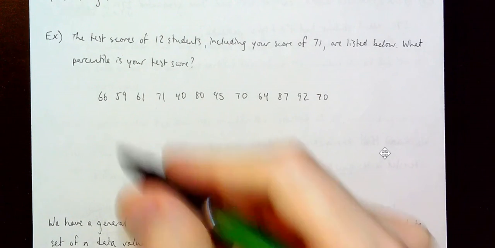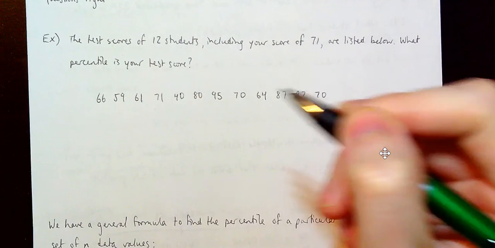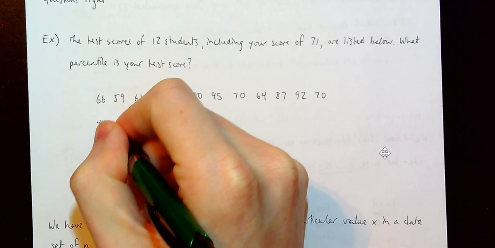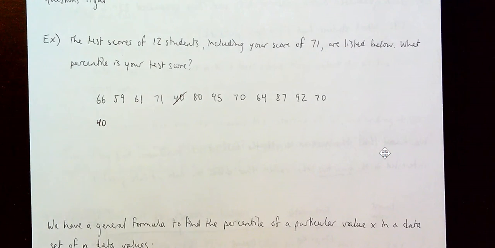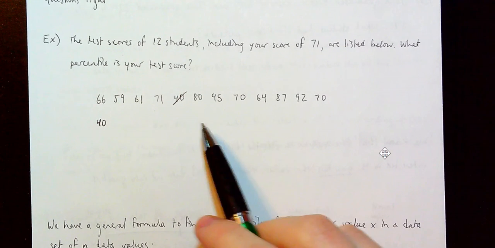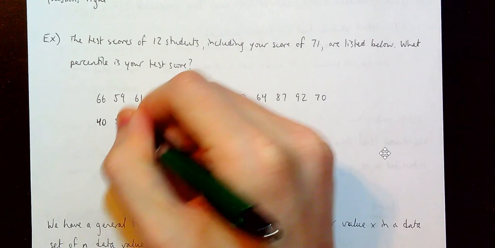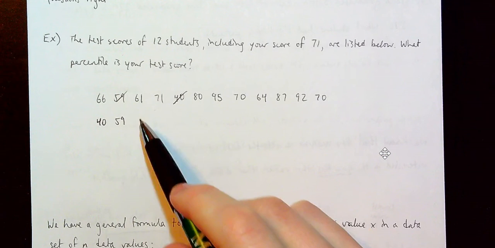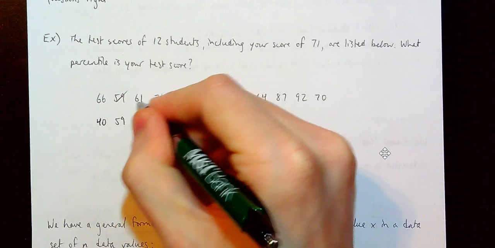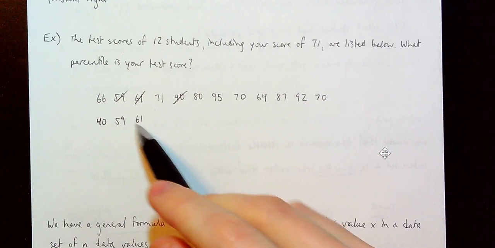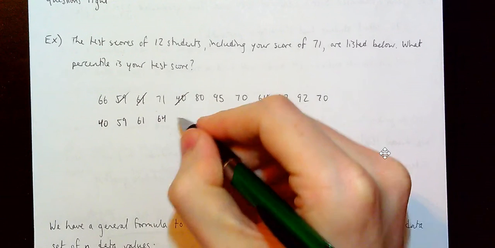So if I put this data in increasing order, my lowest grade is a 40 here. Then going up next, I see a 59. Anything less than a 59? No. 61, is that the next lowest? Yep. 66, no, we have a 64. Now we have our 66.